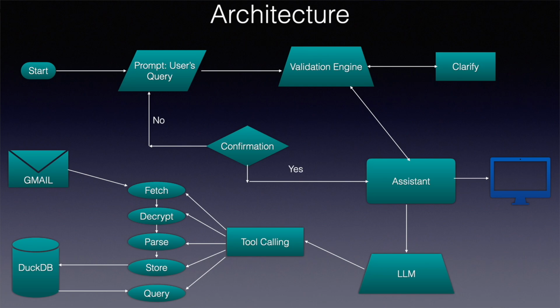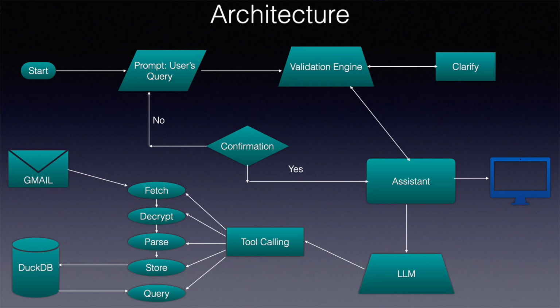The assistant actually talks to the LLM, and the LLM in turn talks to different tools defined in the system. It can fetch data from Gmail, download and decrypt the statements, parse the email statements, and store the transactions in the database.